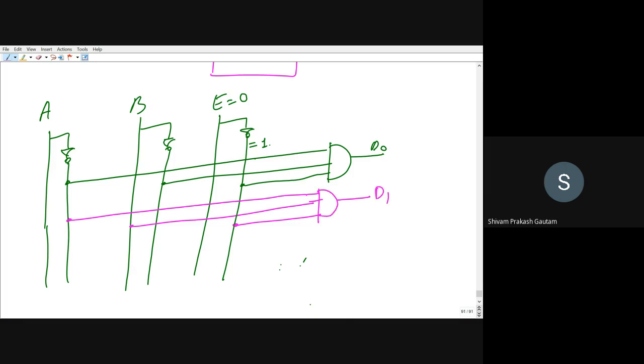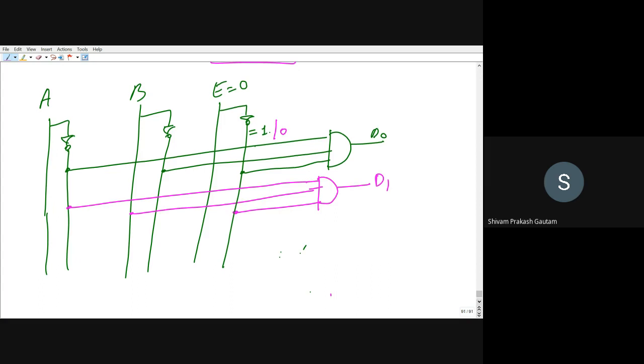This will be D1. So here also you will get D1 whenever E is equal to 0. When E is equal to 1, then you will get 0 here, and when 0 is passed through an AND gate, the output will be low, or you will not get the output. Then we are having A B bar, and E bar. This you can call D2.